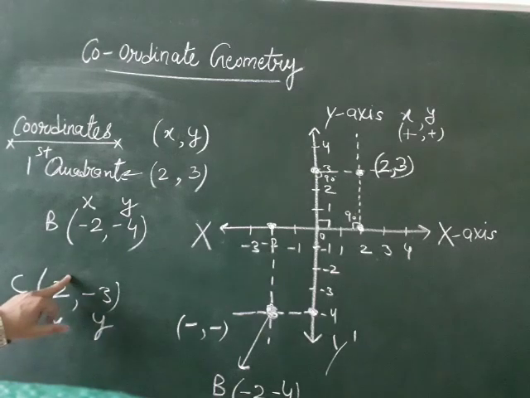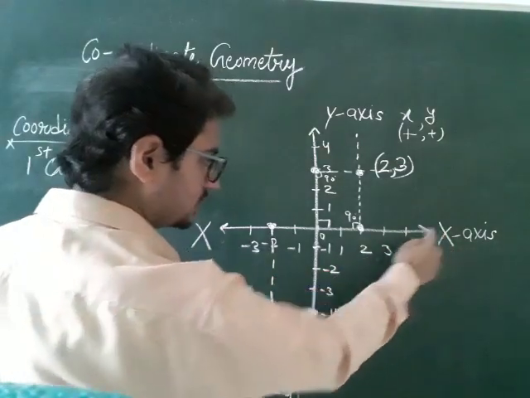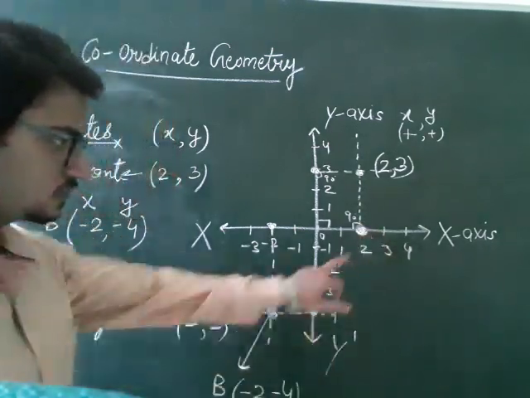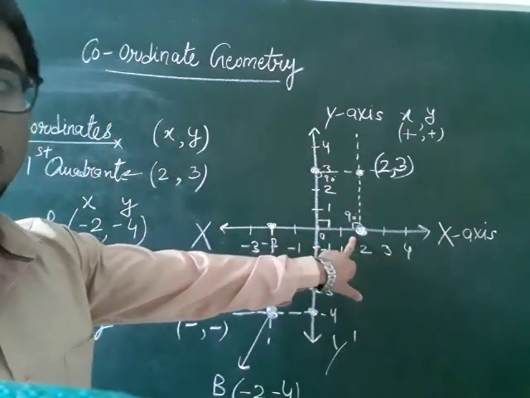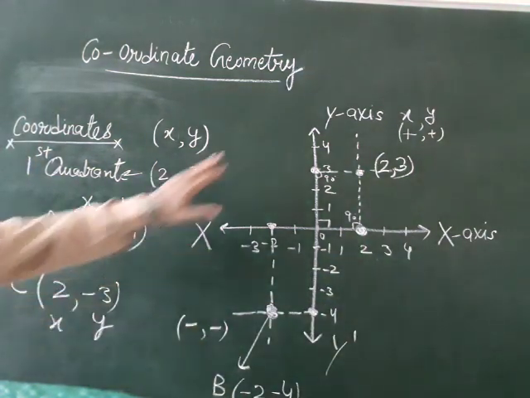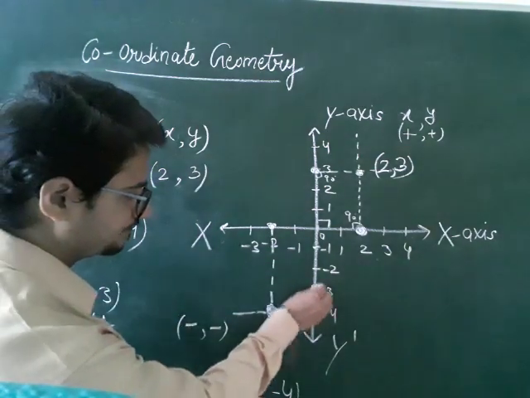The first value will always be x and the second value will always be y. Here x is positive, x is +2, and on the x-axis positive +2 we can find here. This is your positive +2, x is equal to +2, y is equal to -3. On the y-axis, y is equal to -3 is here.